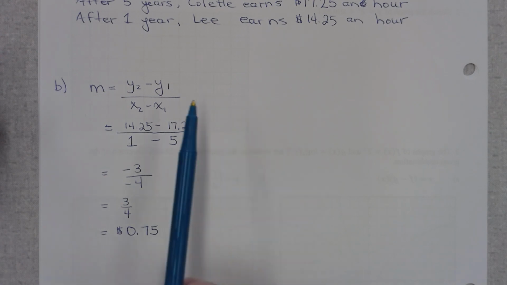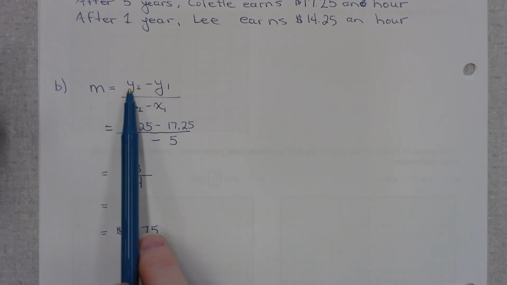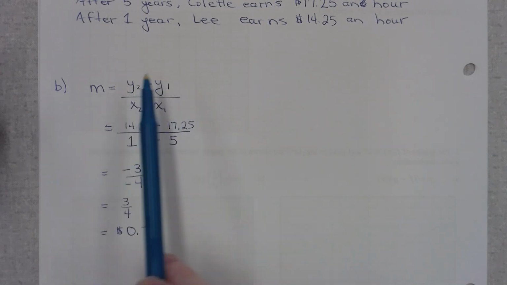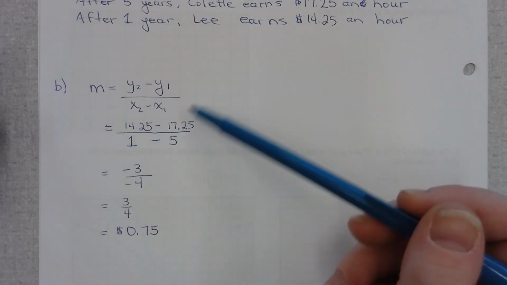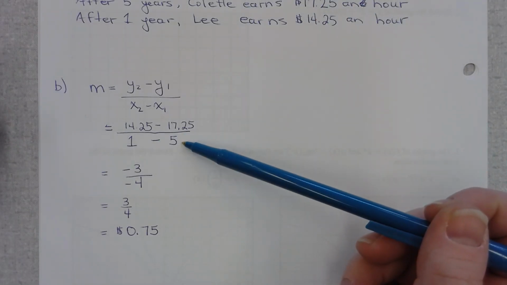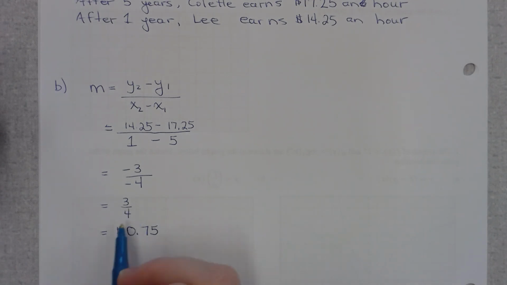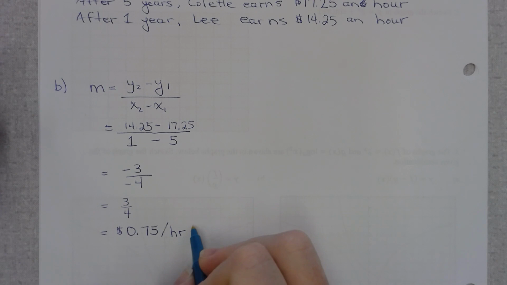If you look at the y's, the units for the y's is dollars per hour, and the unit for the x is years. So if I actually wrote my units here, it's going to be 75 cents per hour, an increase of 75 cents per hour per year.